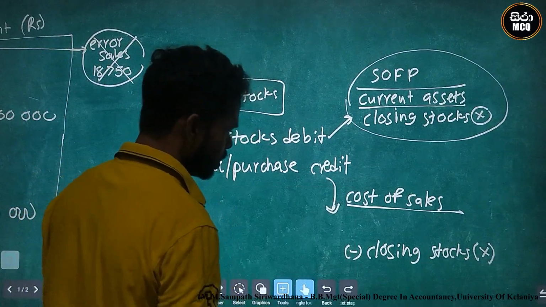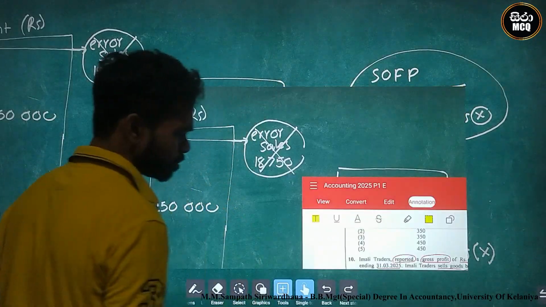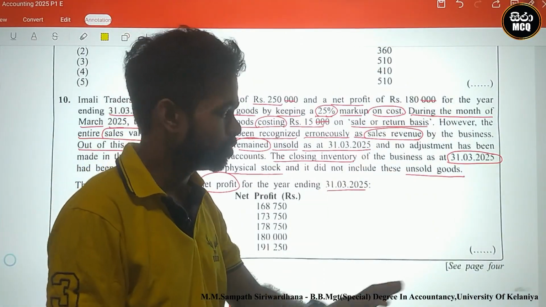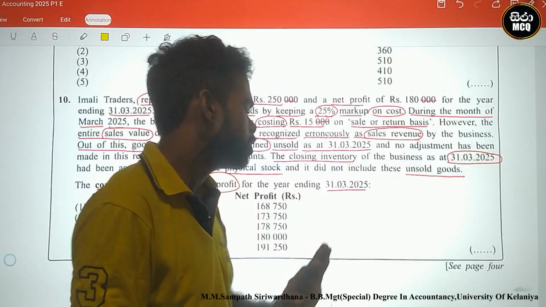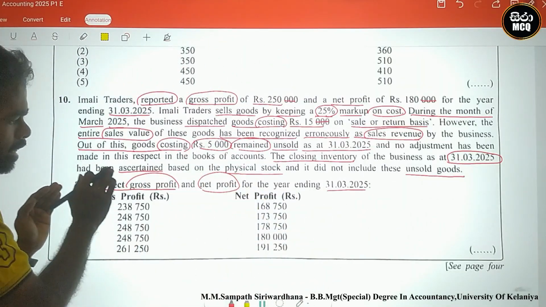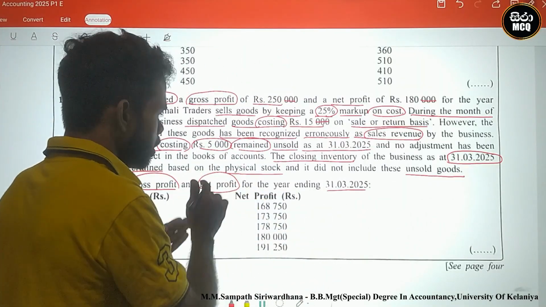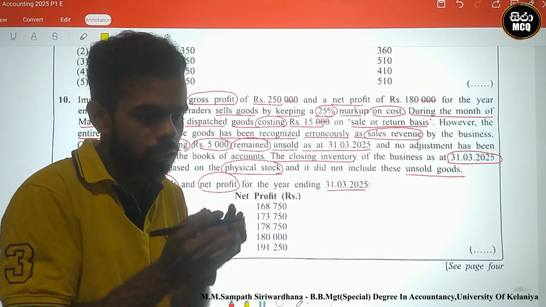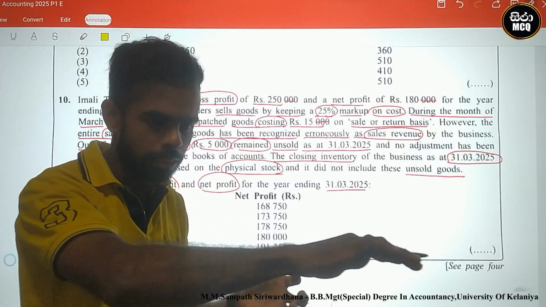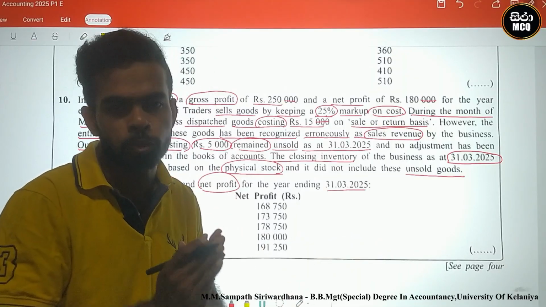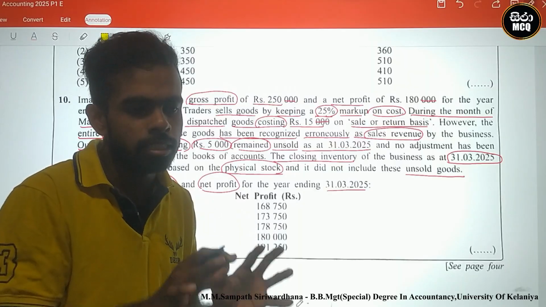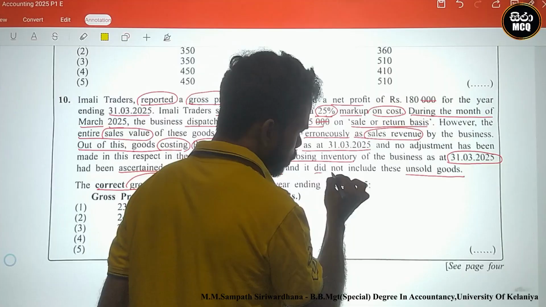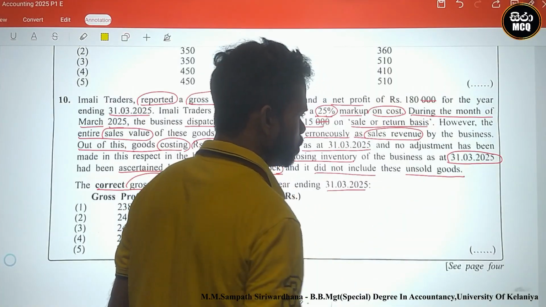And look here, what do they explain? They explain that closing inventory of the business as at 31st March 2025 had been ascertained, identified as physical stock. Physical stock means actual counted stock in the business, and it did not include these unsold goods.